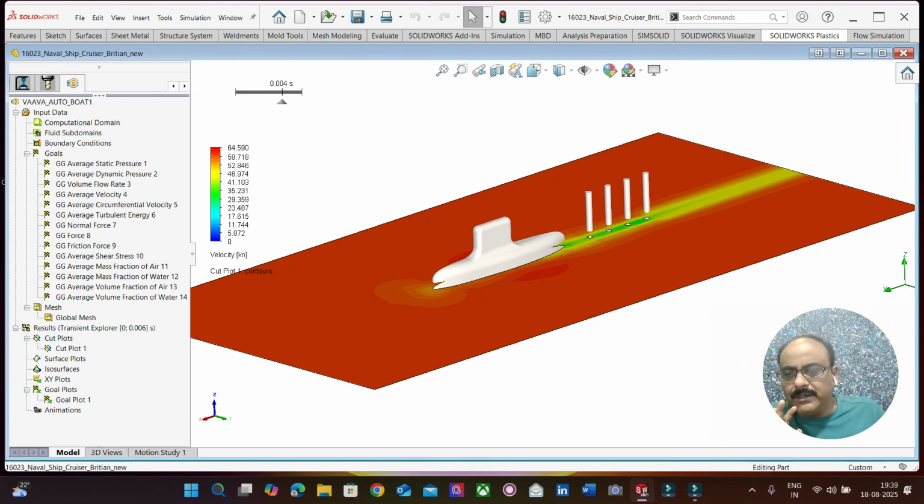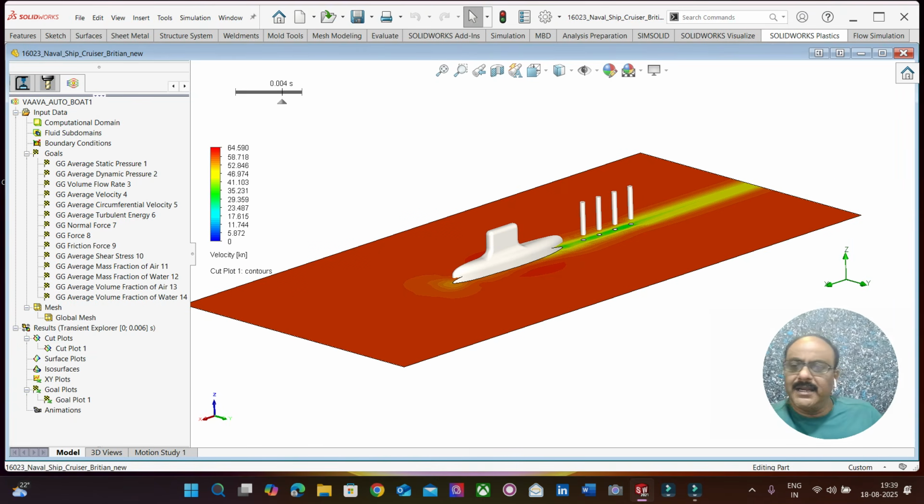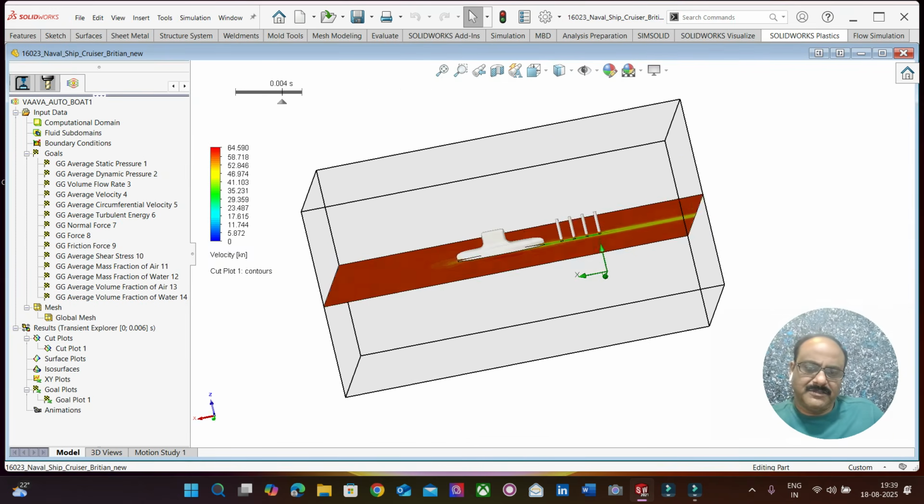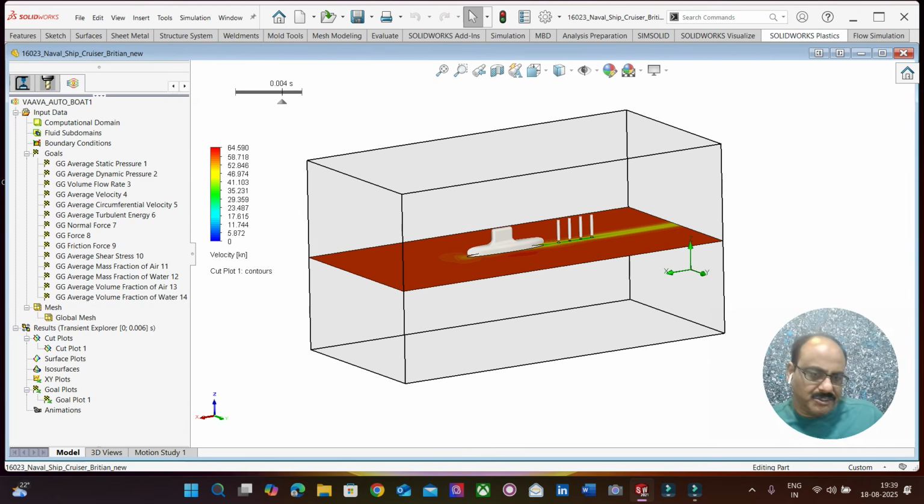Okay, so now what we do is we are going to define a computational domain. This is going to be my computational domain, which means this is going to be the size of my ocean. This is the complete universe, I mean the planet for this particular problem, and we can see that any region below the submarine is supposed to be the ocean, water, and anything above that is going to be considered as air.